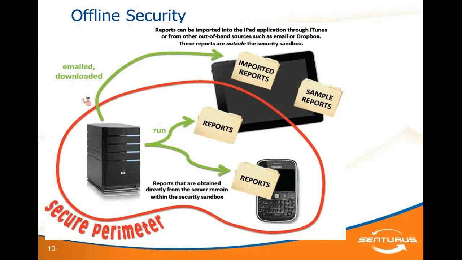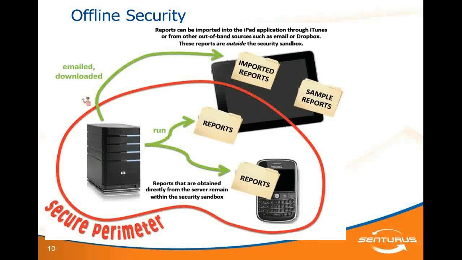You can log in to the server and the environment just like you would from your desktop and consume reports in that way. When it's outside of the secure perimeter, the reports can be consumed through something like a Dropbox out-of-band resource, or you could email reports to the iPad and consume them that way.